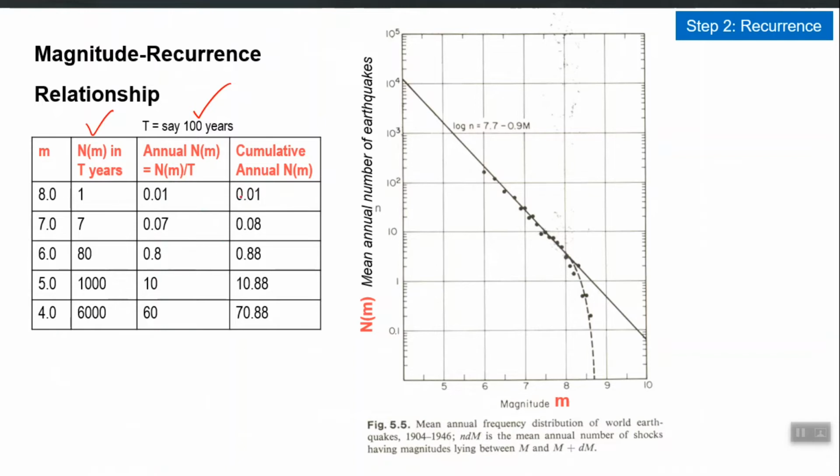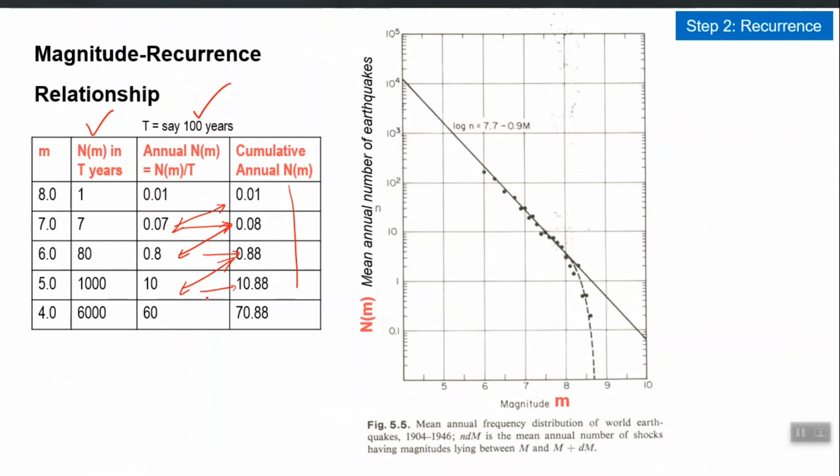Then you take the cumulative. Like 0.01 can remain like this, but then you can add 0.01 with this 0.07 and get 0.08, then add this with this, you get another number, and so on. This is the cumulative annual N of M. Now cumulative means that magnitude and more.